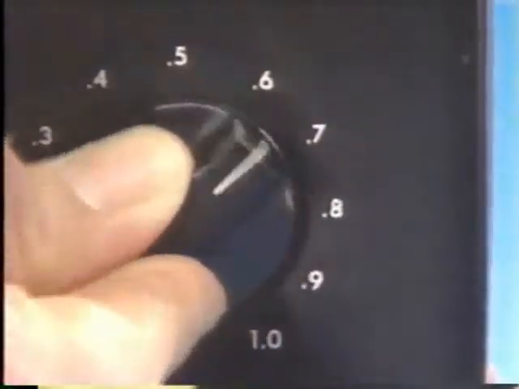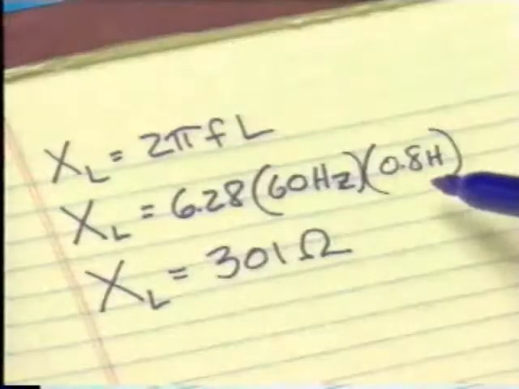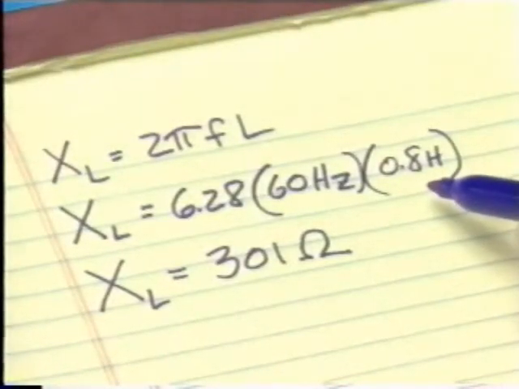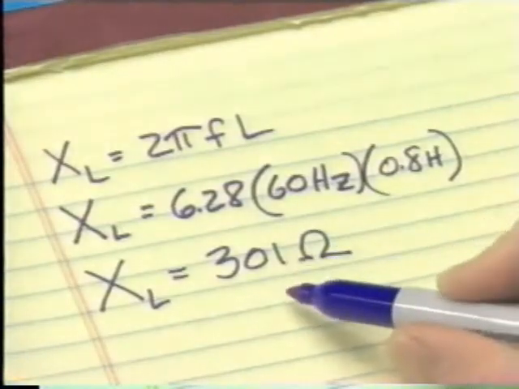By increasing the inductance to 0.8 henrys and completing the calculations, the inductive reactance is doubled to 301 ohms. As you can see, the correlation between frequency, inductance, and reactance can be summarized by saying that the inductive reactance varies directly with both the frequency and with the inductance of the coil.